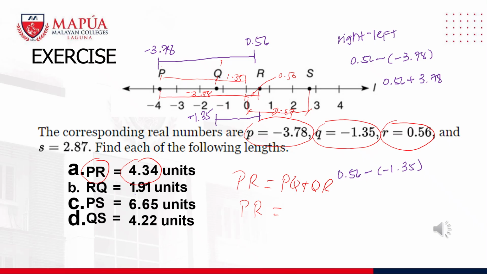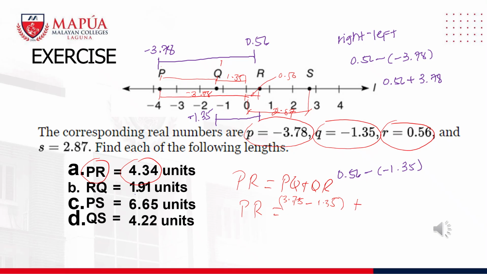So it means the absolute value of 3.75, so PQ is calculated as 3.75 minus this Q, which is 1.35. That is for PQ. This part is only for PQ.